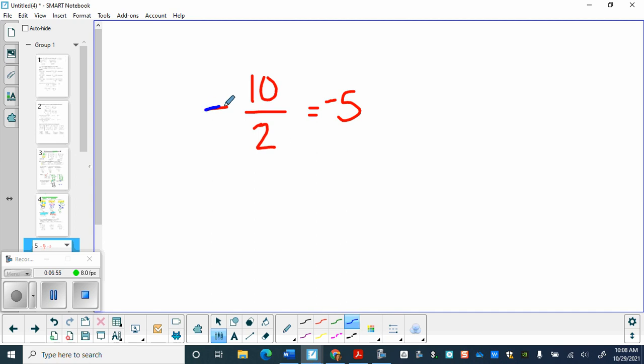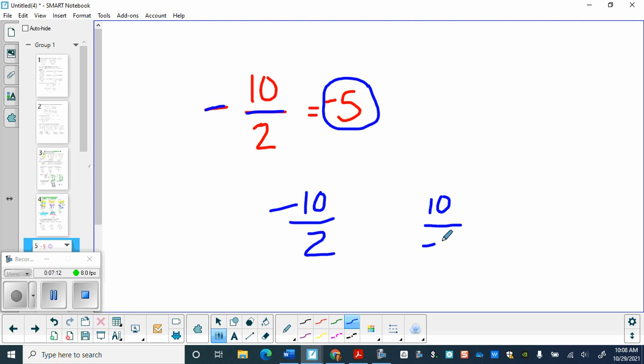So when you guys see a negative in front of a fraction like this, obviously the answer is negative. So if you want to put this negative with one of these two numbers, you could put it with either the top, or the negative could go down here with the bottom. And that means you still get the negative 5.